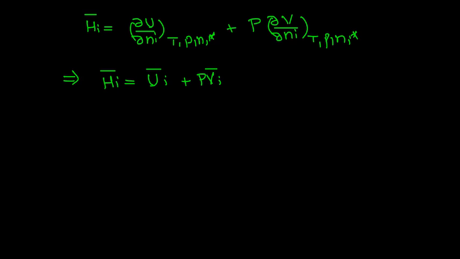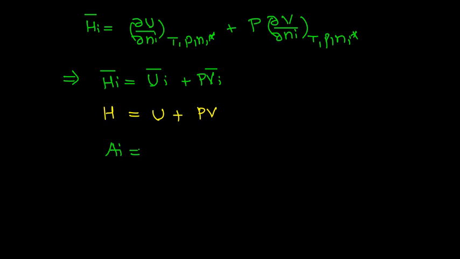Okay, and if I write my original equation, I have H equals U plus PV. So what I observe is that I convert all my extensive variables simply to partial molar variables, and that's how I get the relationship between Hi and Ui.